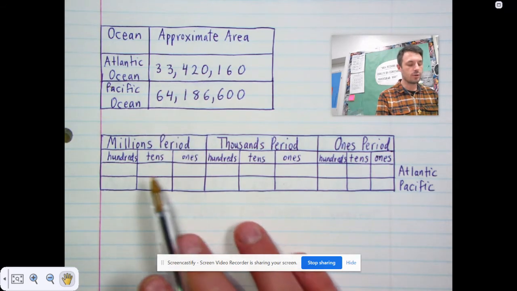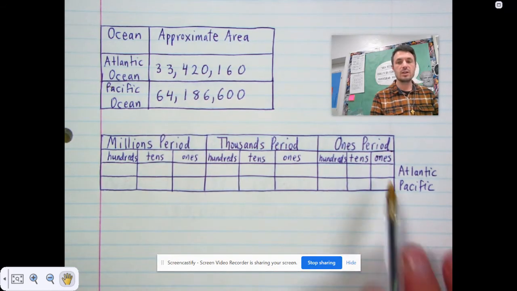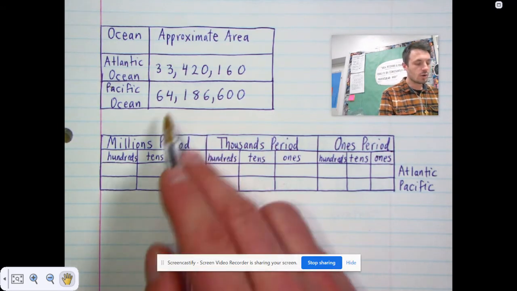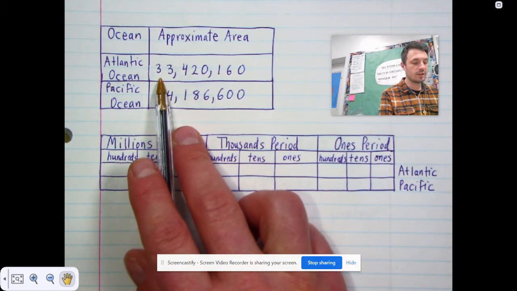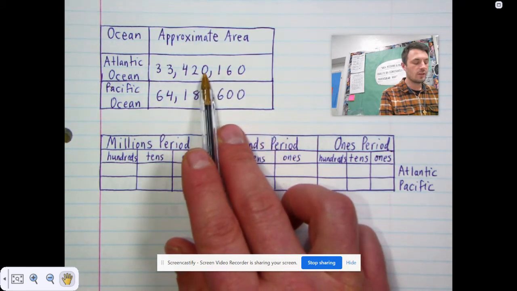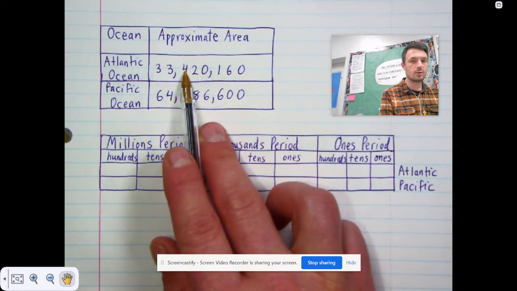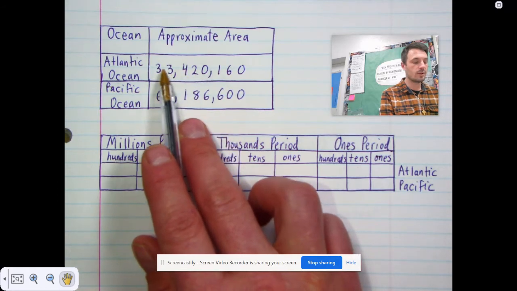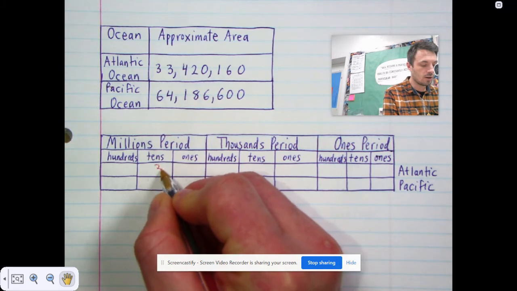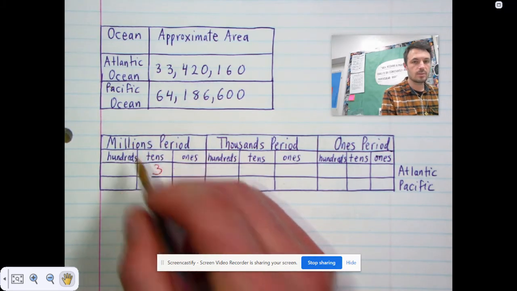Let's go ahead and put both of these numbers in this place value chart so that we can compare them. Okay, so they start with the 10 millions place. We have the ones place, tens place, hundreds place, 1,000s place, 10,000s place, 100,000s place, 1 millions place, 10 millions place. So the 3 goes here in the 10 millions place.